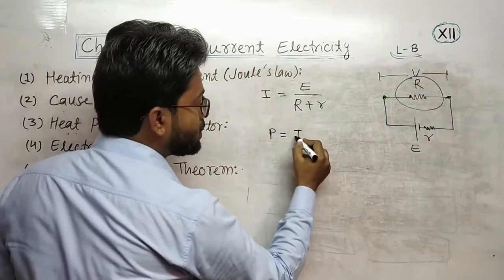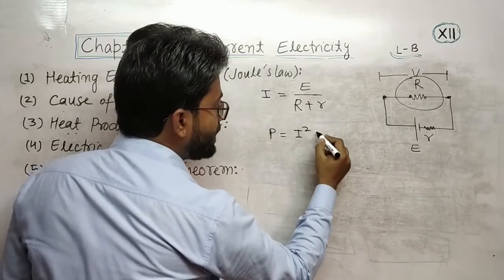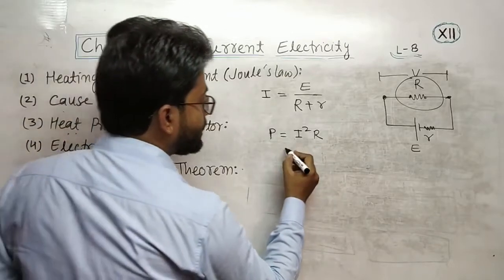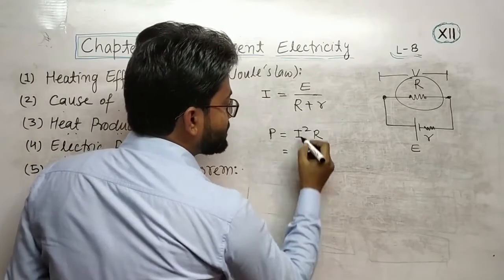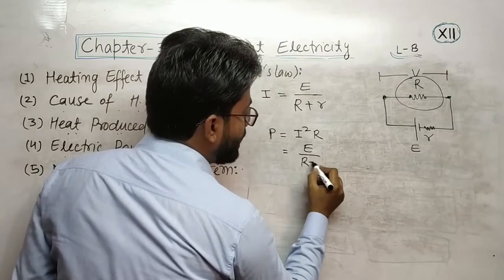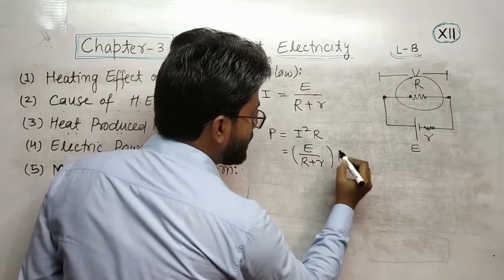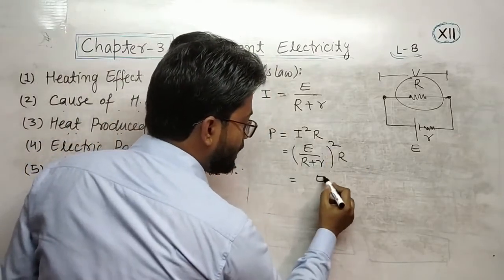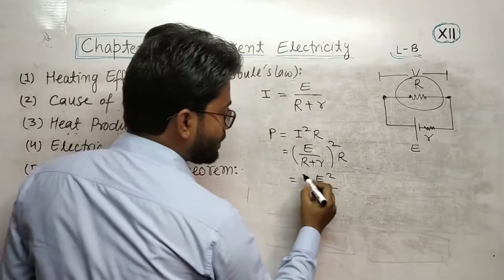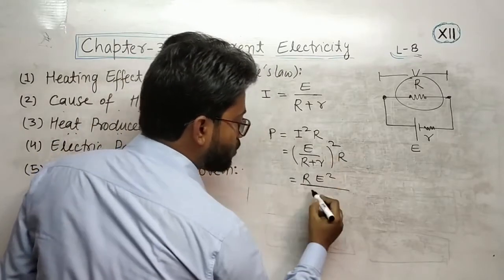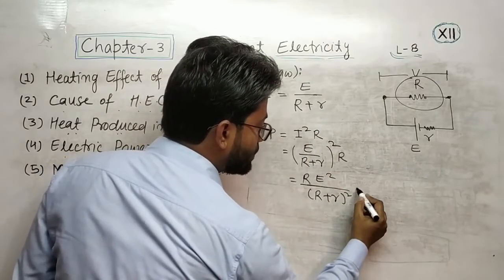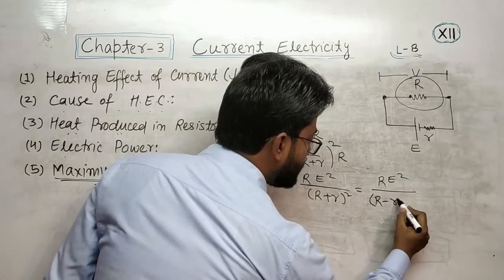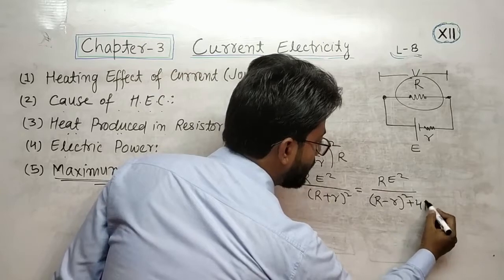Power will be equal to I squared R. In place of I, you can write E upon R plus r, the whole squared, times R. So P equals E squared R upon R plus r whole squared. You can write this as E squared R upon (R minus r) whole squared plus 4Rr.